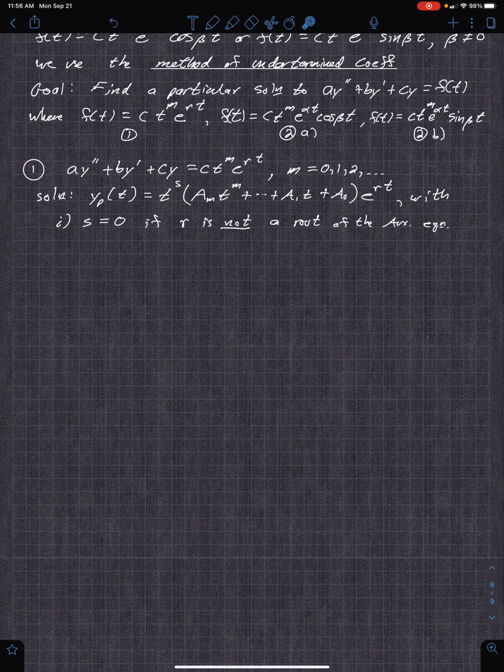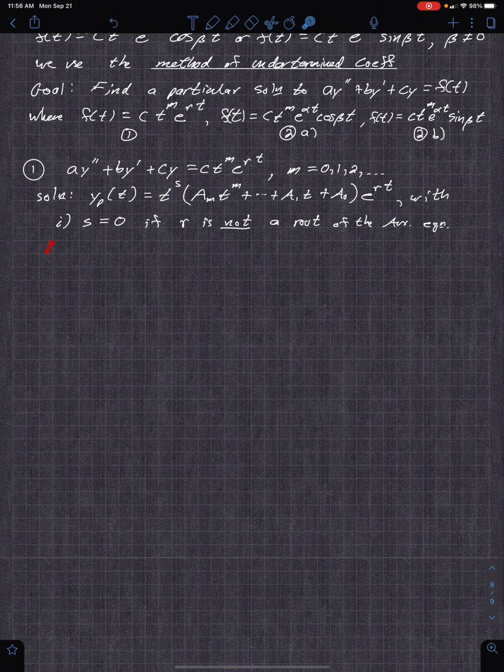But if it is a root, we'll see those examples, then it either is or isn't. It might be like 2 if r is 2, but the auxiliary solution might have plus or minus i as roots. Those are different cases.